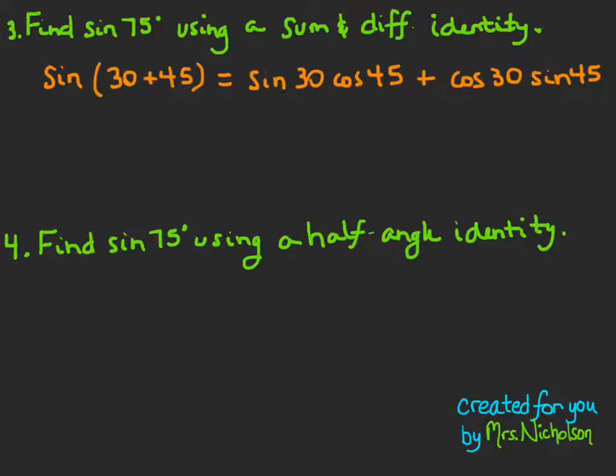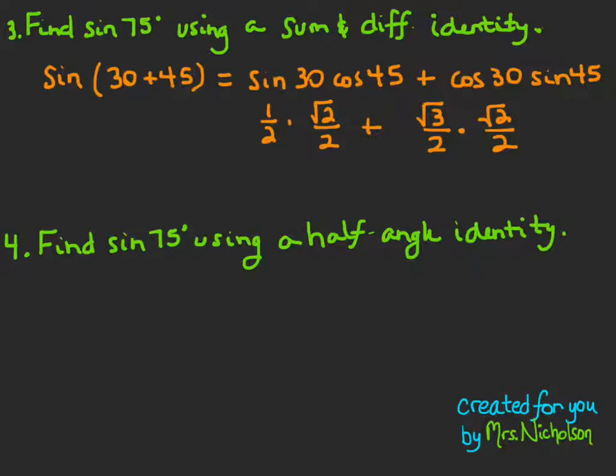And then I'm going to substitute in unit circle values for those angles. The sine of 30 is 1/2. Cosine of 45 is square root of 2 over 2. Plus the cosine of 30 is square root of 3 over 2. And sine of 45 is square root of 2 over 2.